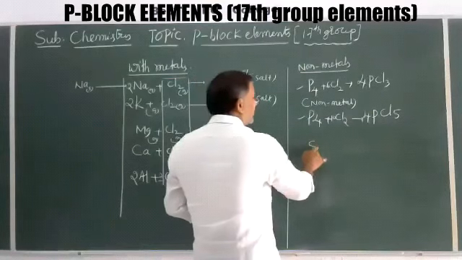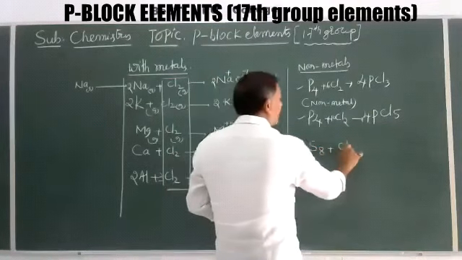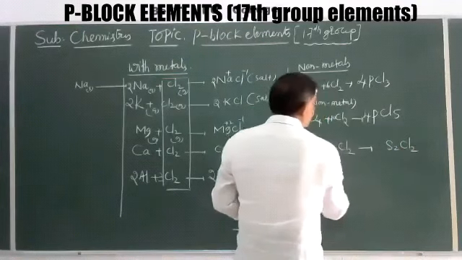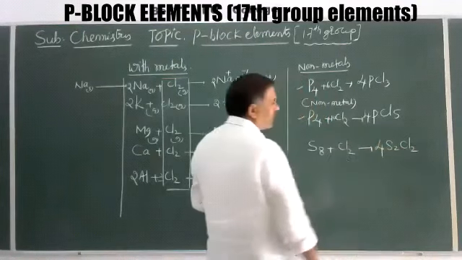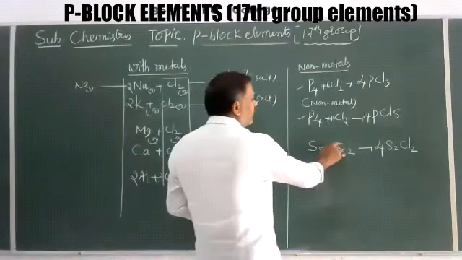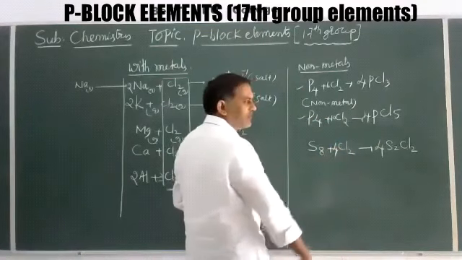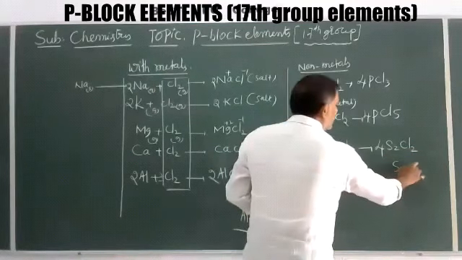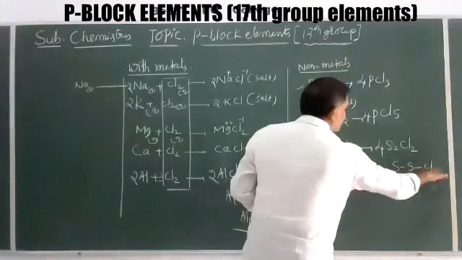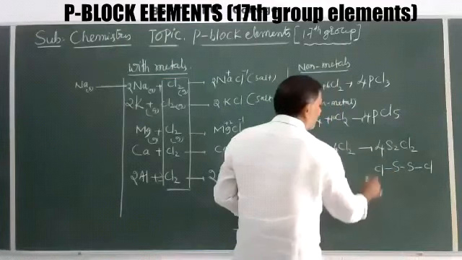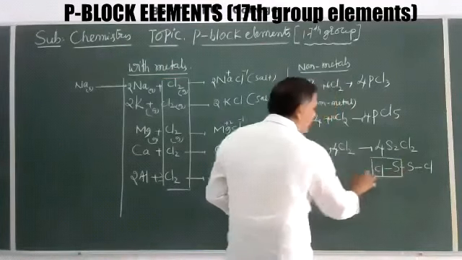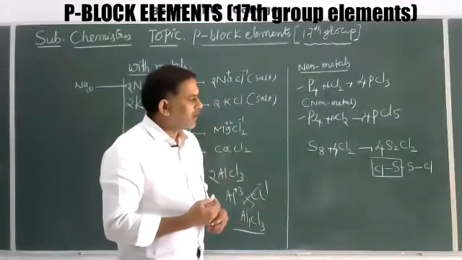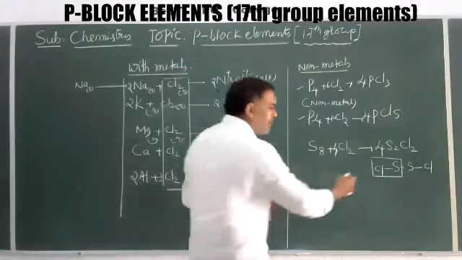Now sulfur S8 reacts with chlorine, giving S2Cl2. Here 8 moles are there, take 4 S2Cl2. It is also called sulfur monochloride, with an S-S linkage and chlorine at each end.